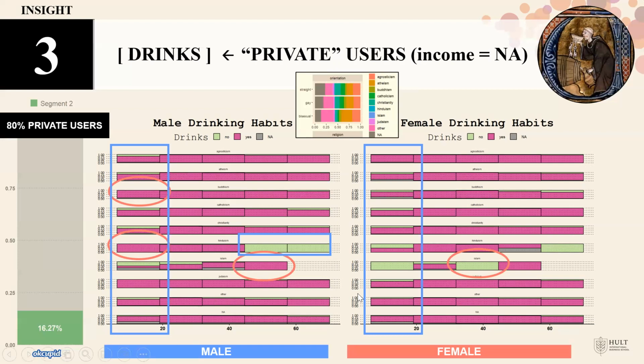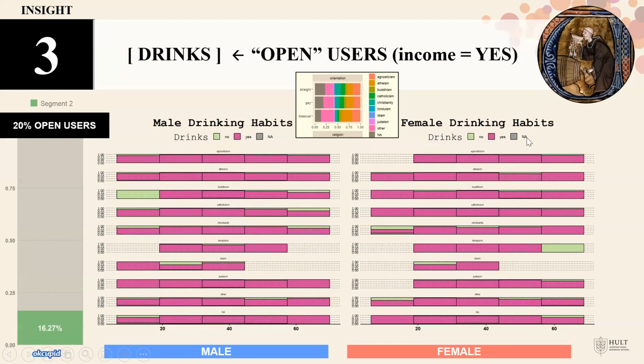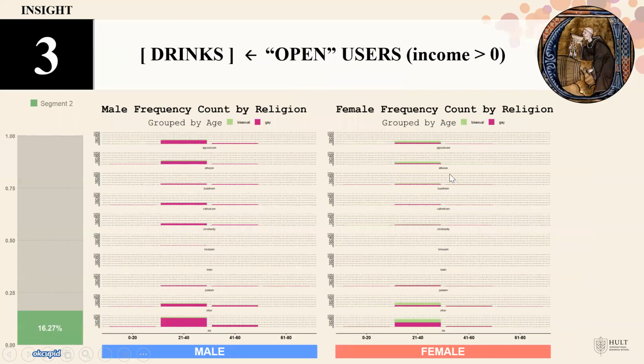And this is particularly more clear for Islam, religion, and Hinduism, and pretty much these two, and Buddhism. The rest of the religions don't really care much about the drinking habits. They pretty much do it.